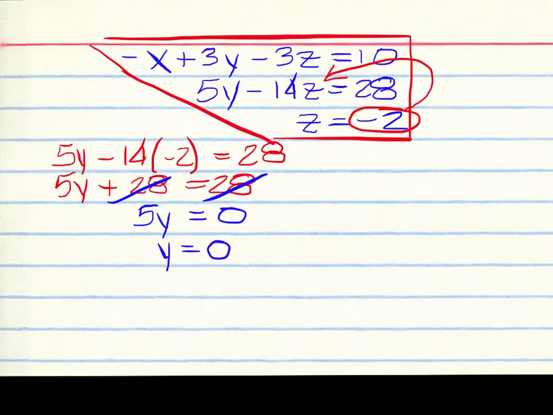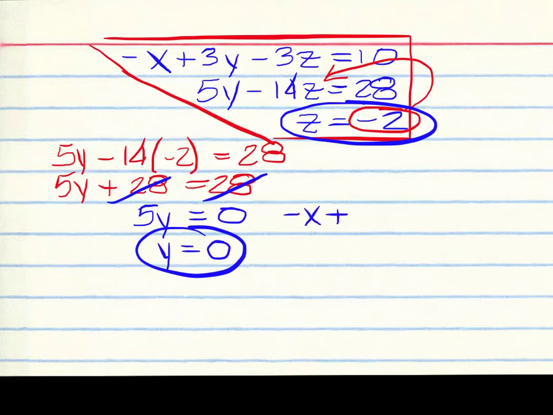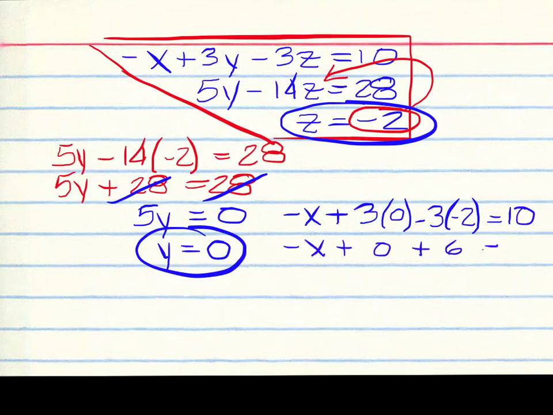So now with z equals negative 2 and y equals 0, you can go back to that top equation and solve for x. Negative x plus 3 times 0 minus 3 times negative 2 equals 10. So you'll have 0, then a plus 6. Of course, that 0 just drops out.